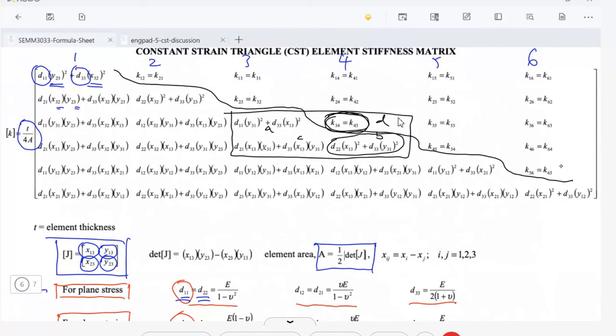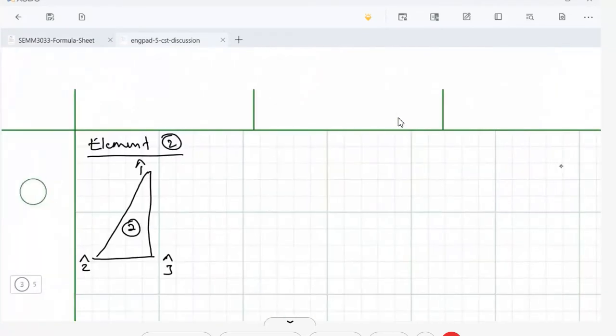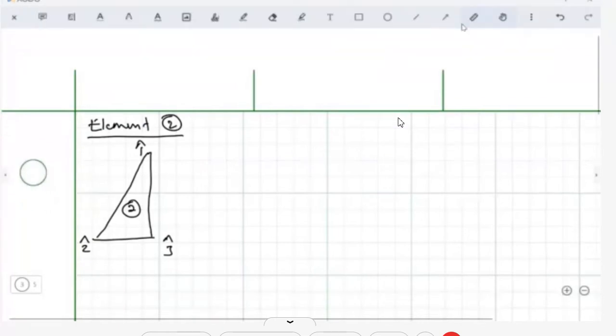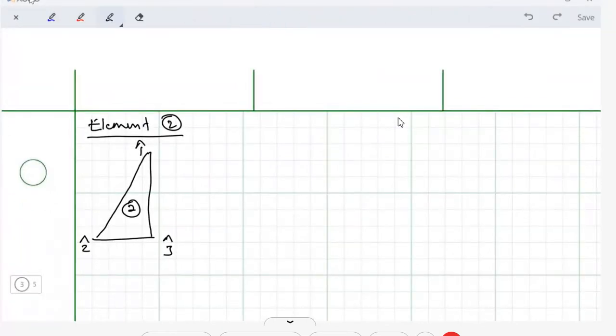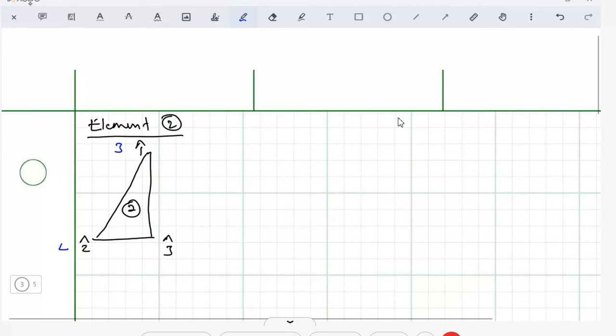So let's continue that now. Let me change the pen color. Let me use blue now. Okay, so this is our node number 3, node number 4, and sorry, this is node number 2, right?